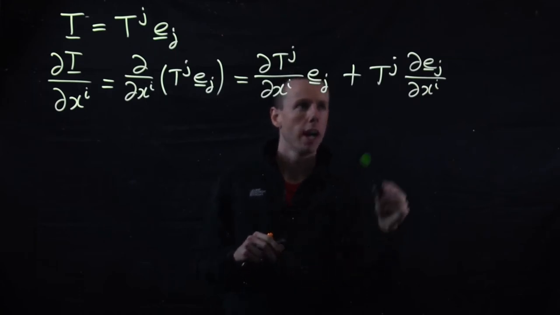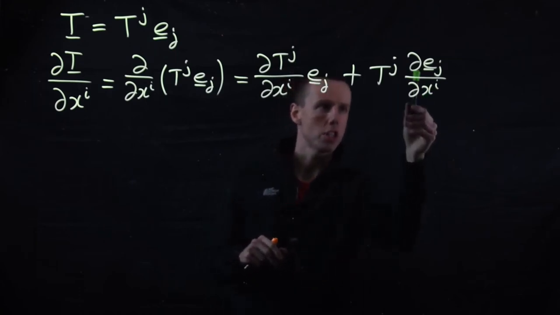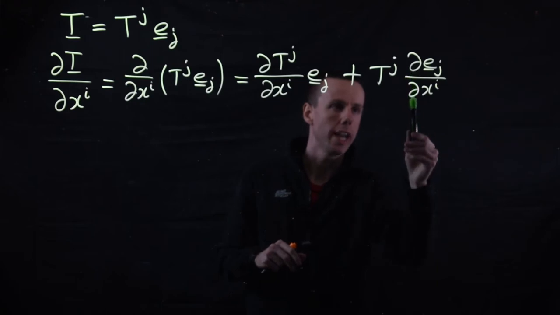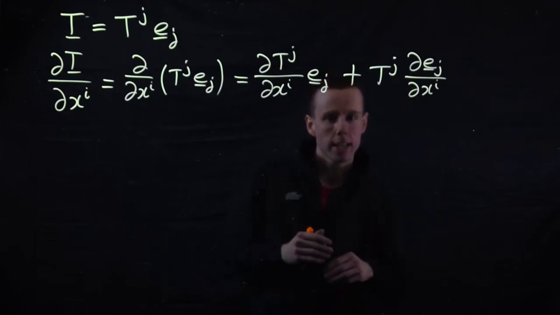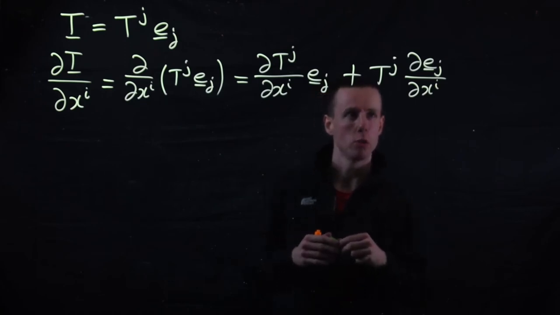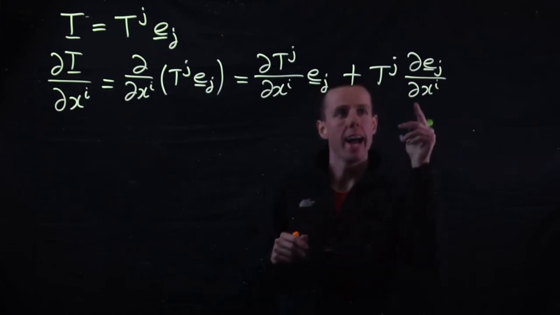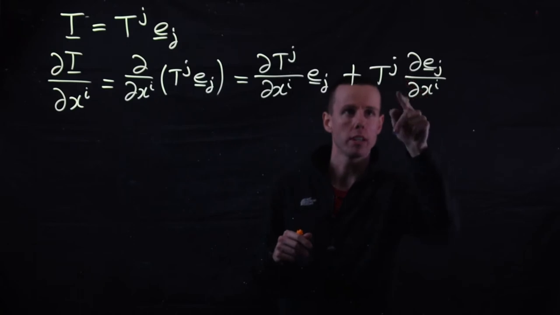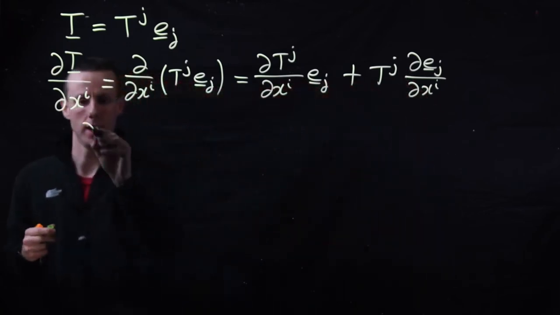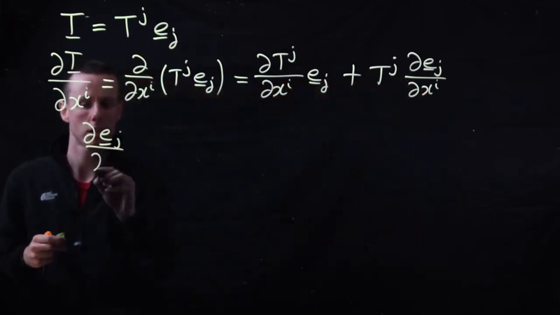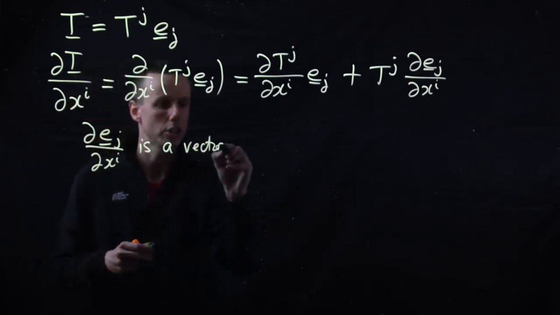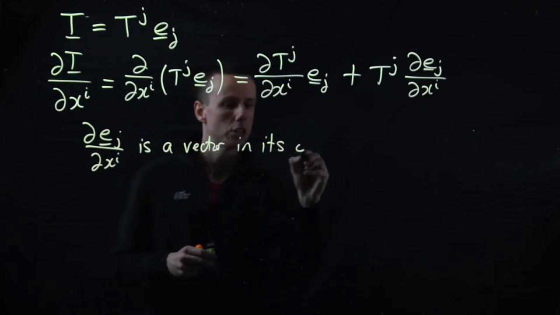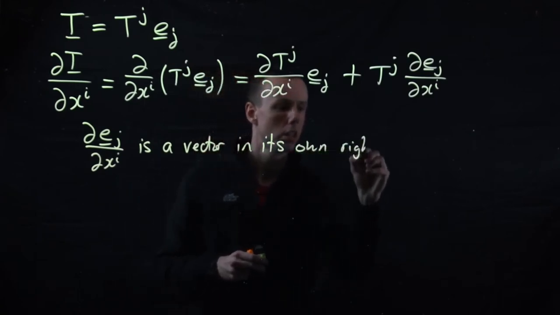So this derivative of the basis vector ej with respect to xi, what it is exactly, I don't know, but this is a vector in its own right. So I will say dej by dxi is a vector in its own right.